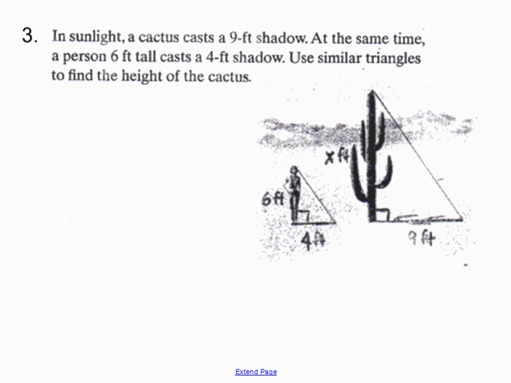Okay, now we've got a cactus. Again, it's the same concept. We're just setting this ratio equal so we can figure out how tall that cactus is. So I'm going to say 6 and x, 4 and 9. Set them equal and do the cross multiplying.